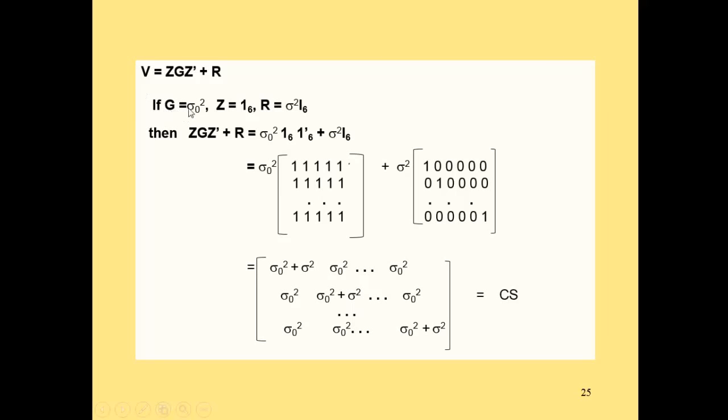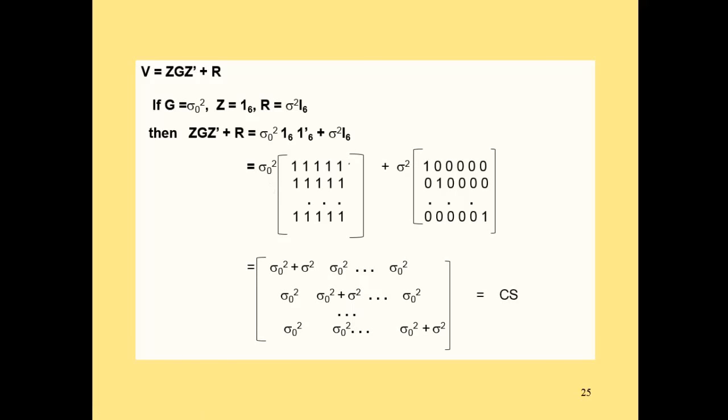So, if we have a single random effect, then the G matrix is just a 1-by-1 matrix with the variance of the random intercept, which we said earlier was sigma naught squared. Z, it turns out, is a column matrix of 1s, and so Z prime will be a row matrix of 1s.